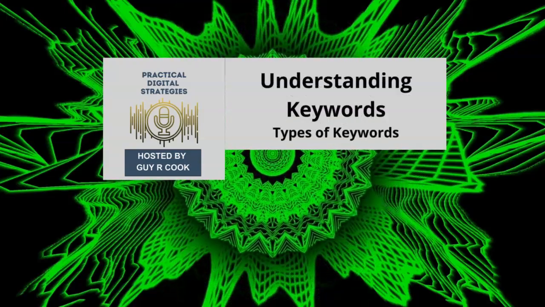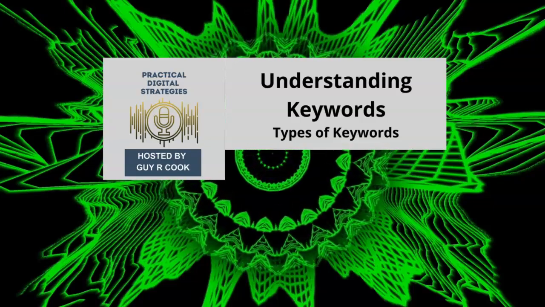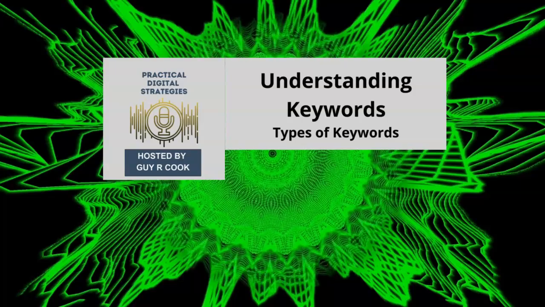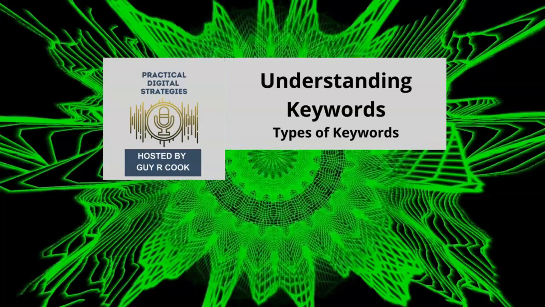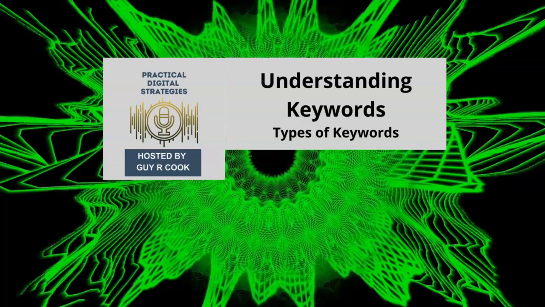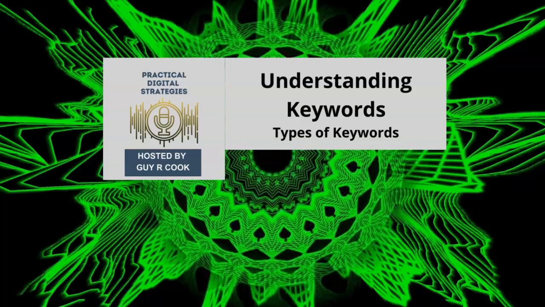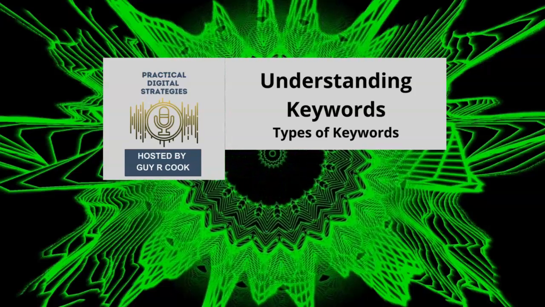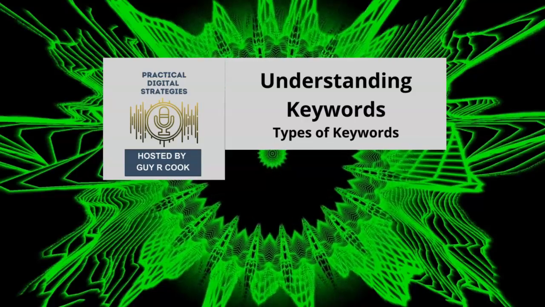There are different types of keywords. There's short tail and long tail keywords. Understand the difference: short is like a real broad stroke of the brush for search. Okay. They're highly competitive. So if you do real estate in Kitsap County, you're going to get a bunch of hits.